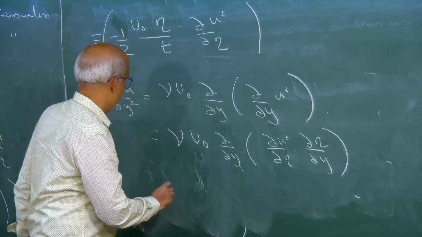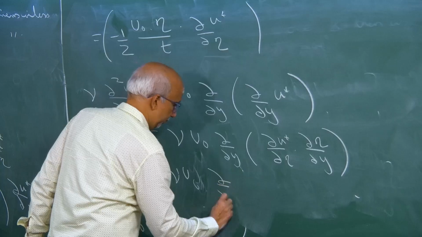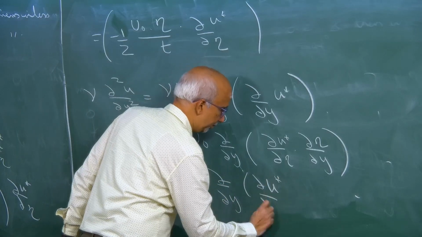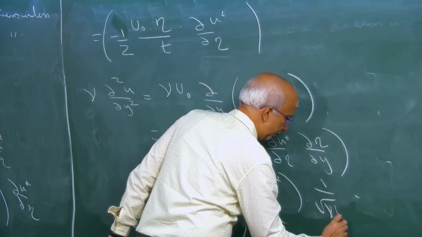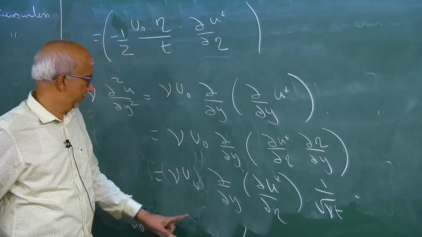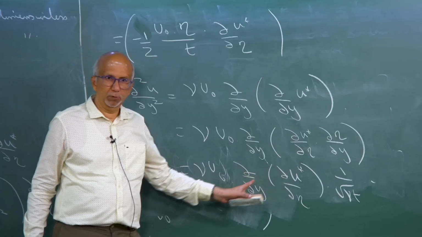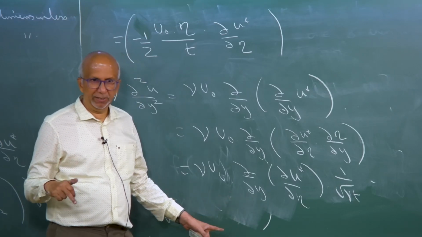Okay. And I am differentiating with respect to y, so that is a constant, I can pull it outside, and again I have to convert this d by dy to d by d eta.